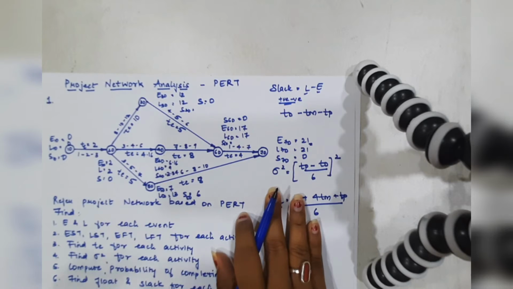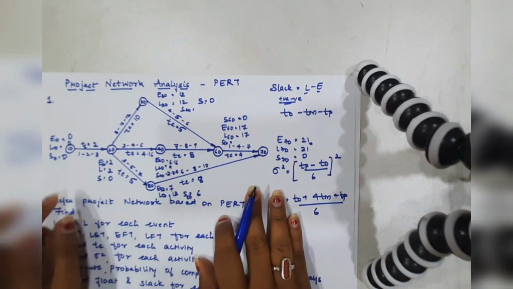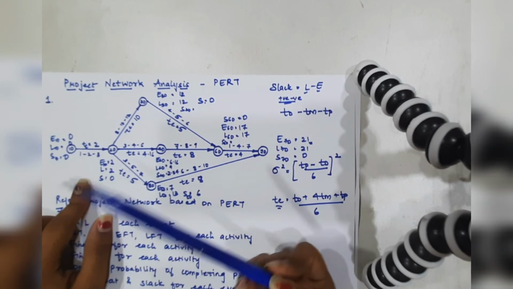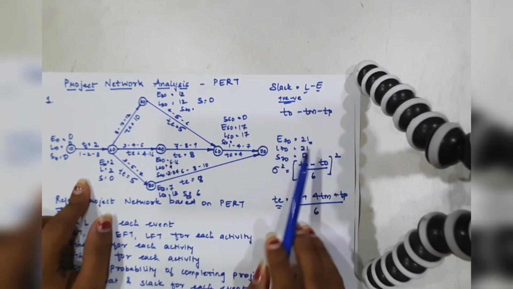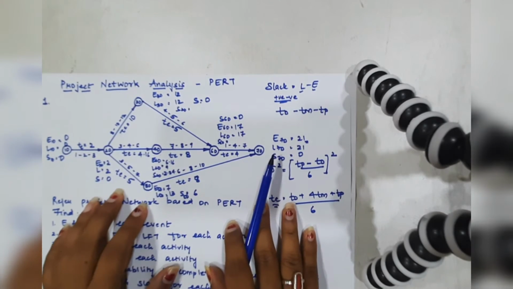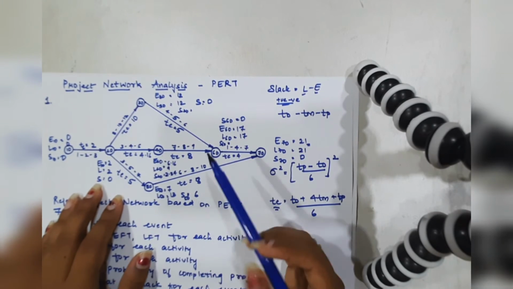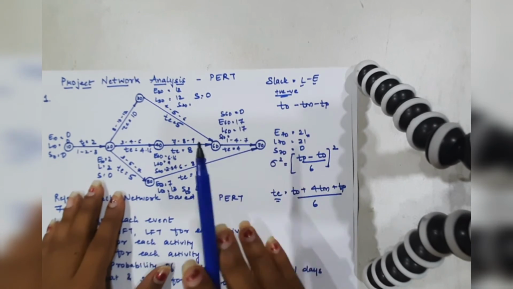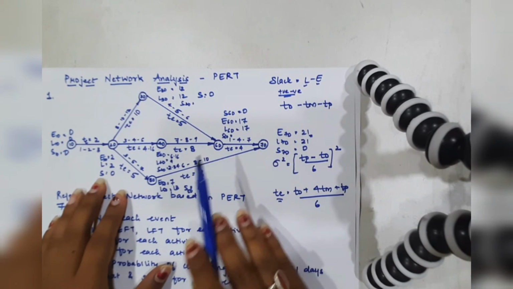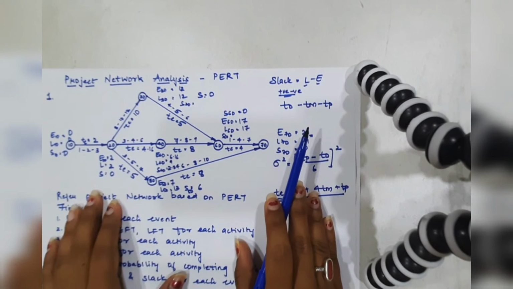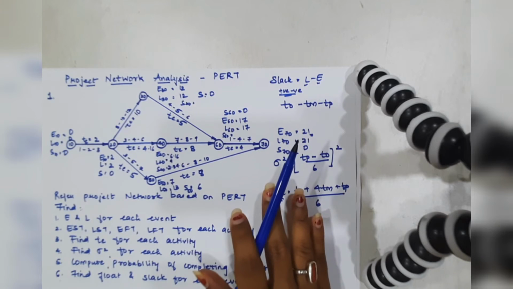For recognizing that path we also used one trick there, that is knowing which E and L values are similar, and whose addition of duration is similar to 21, and that was our critical path. Here also in a similar way we could see the similar E and L values, or we could also go with knowing whose slack values are 0, and find out what our critical path is. So that is one of the tricks which is followed.